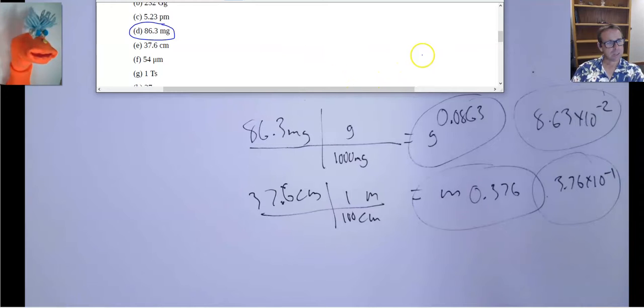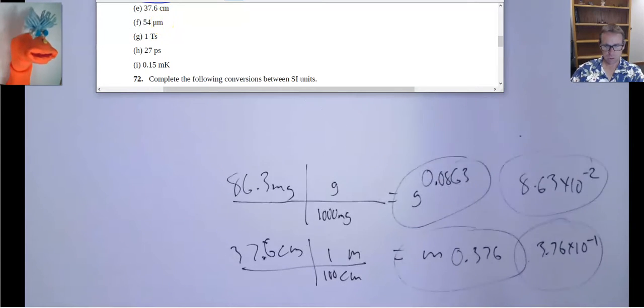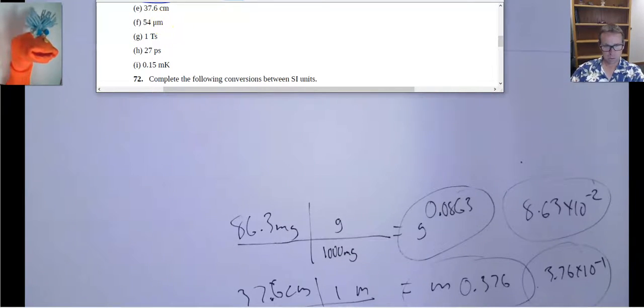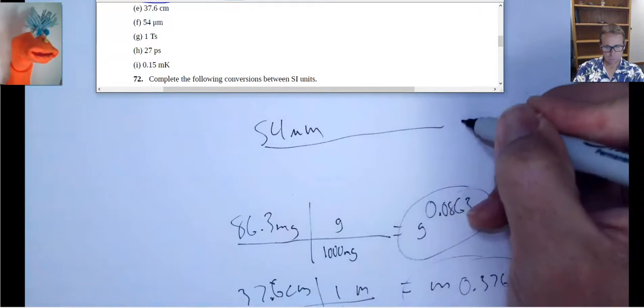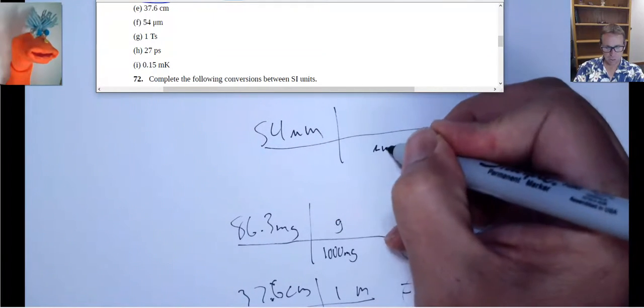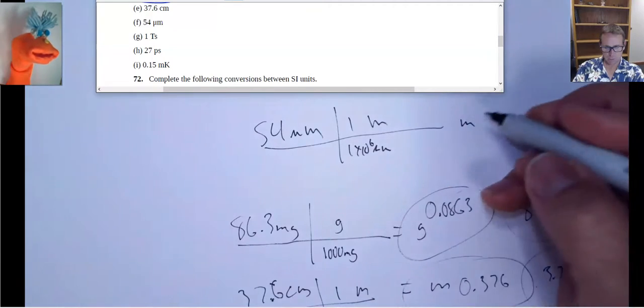All right, so we're at 54 micrometers. We want to get that in meters. Micrometers to meters, 1 times 10 to the 6 micrometers for every meter.